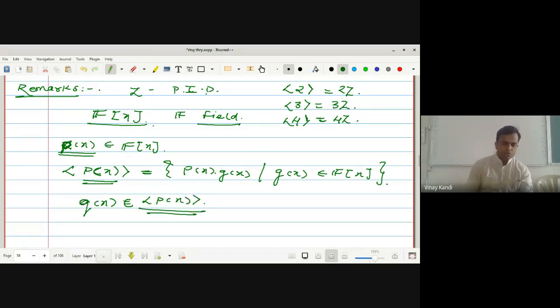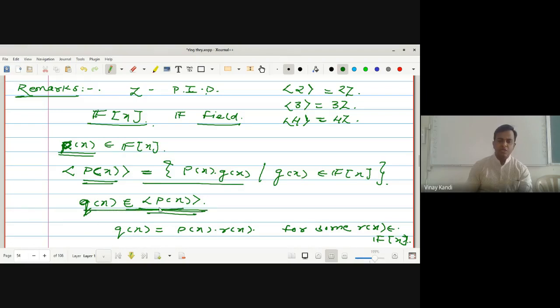Suppose I have taken q of x belonging to this ideal, so q of x is in the form of p of x into r of x for some r of x belongs to F of x. The point is, if I take any element from this ideal, what will its nature be? q of x is equal to p of x into r of x.